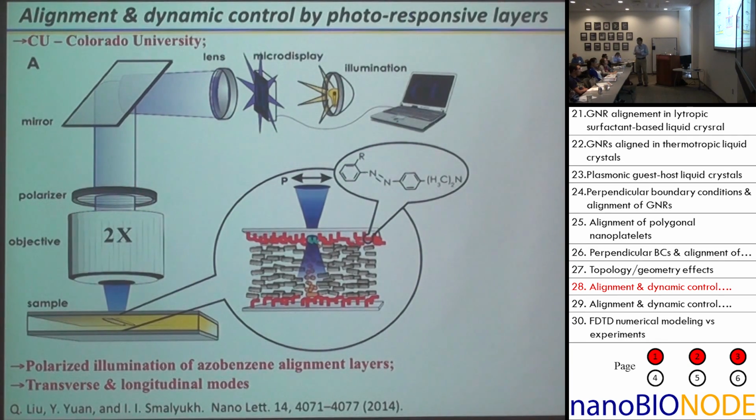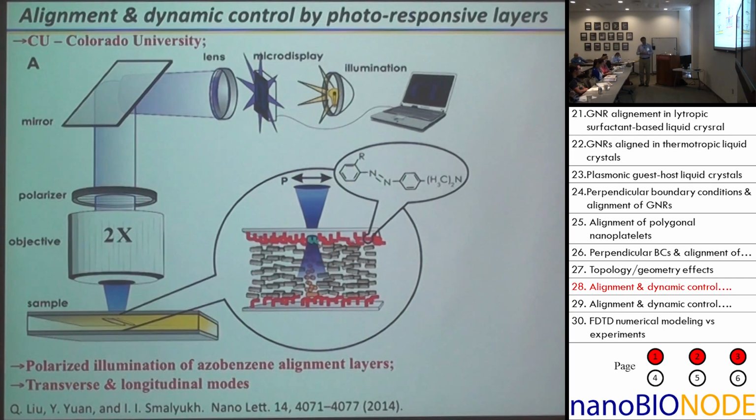What this means is that we can build on the capabilities that were developed by this industry to now develop new types of applications for plasmonic liquid crystals, right?